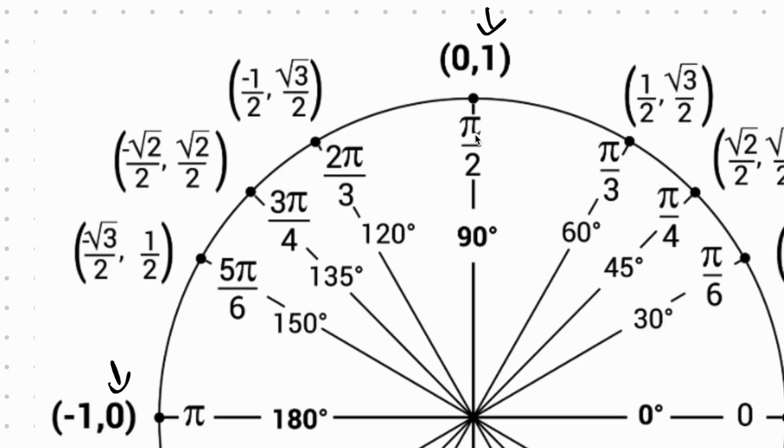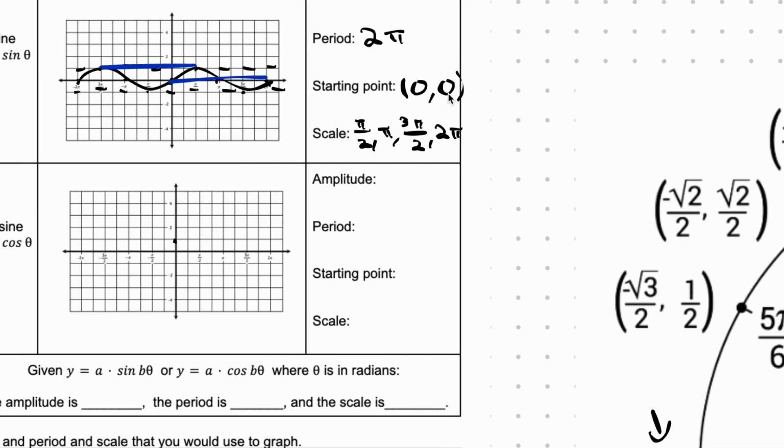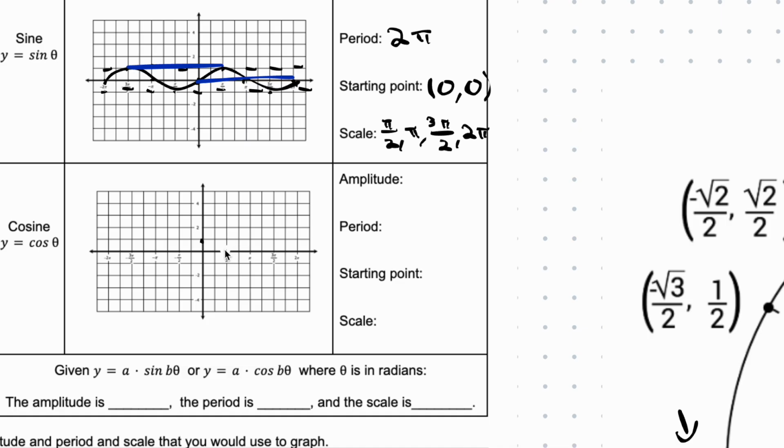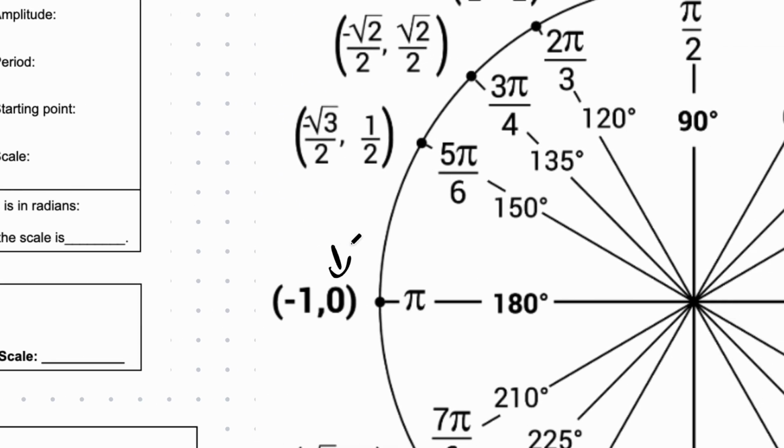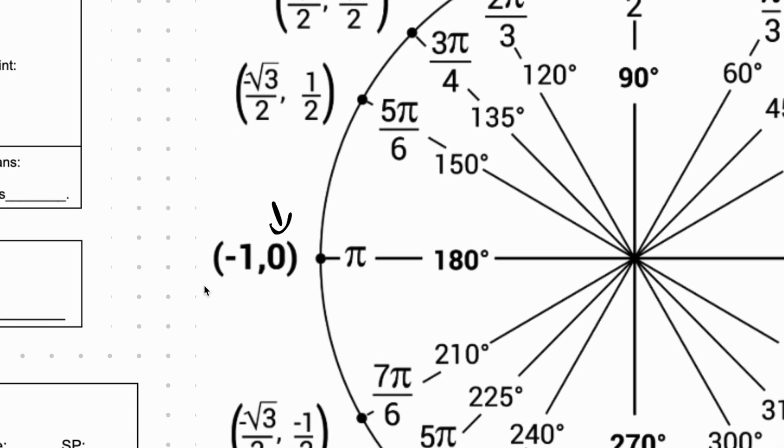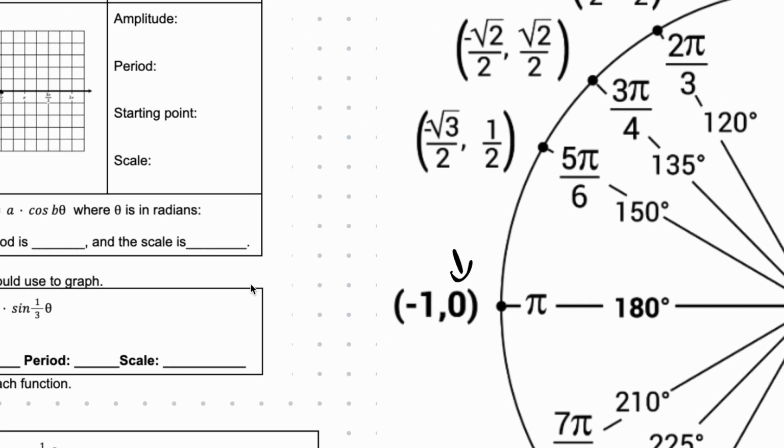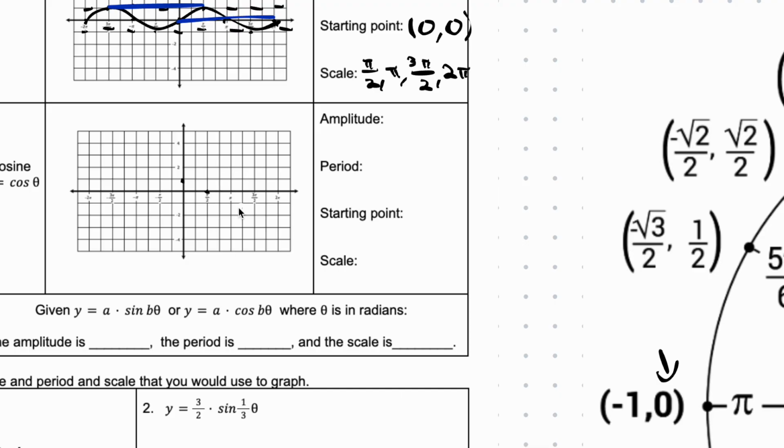What about at pi over 2? Well, our x value is 0 here, so our cosine value is 0. What about at pi? Here our x value is -1, so our value of cosine at pi is going to be -1.